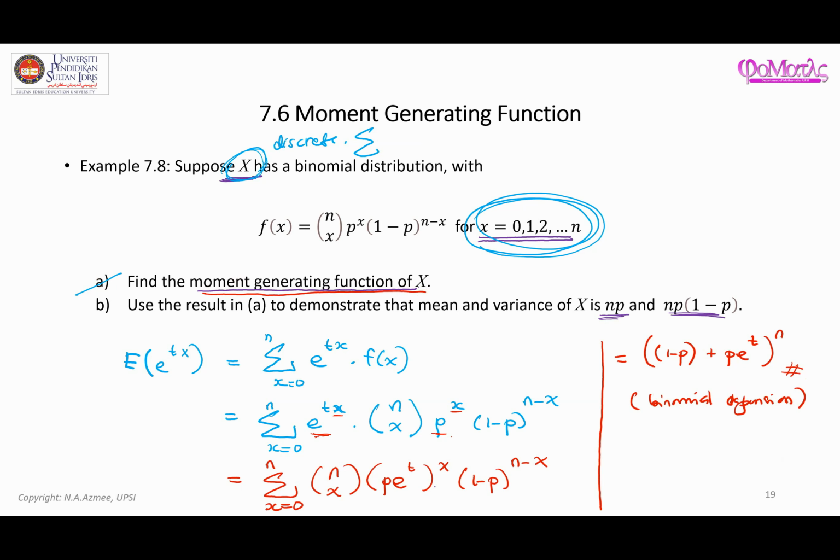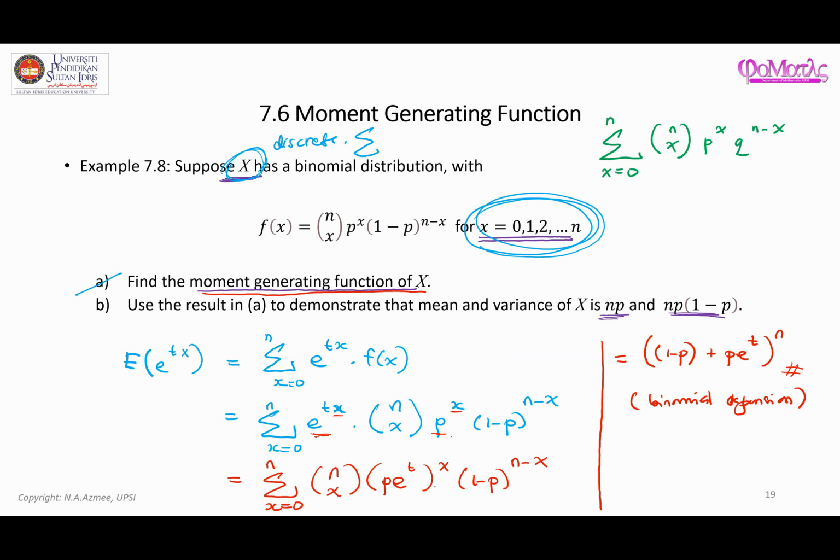I'm just going to briefly explain the idea of binomial expansion. Let's say you have something like this: the sum from x equals 0 to n of n choose x, times p^x, q^(n minus x).